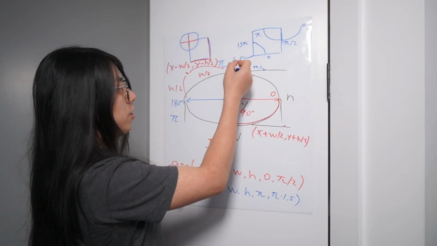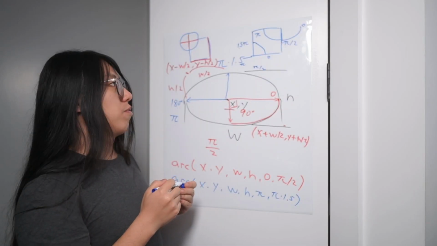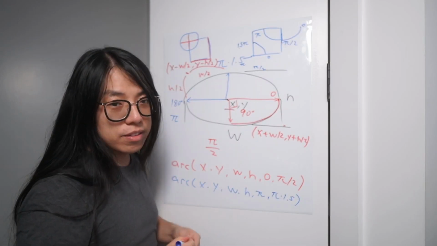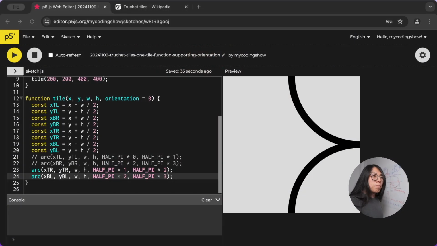So it's starting at pi and ends at 1.5 pi. And that's what's happening there. And back to the code. So we're starting at pi, which is half pi times 2, and we are ending at, oh, am I writing this corner? No, we are starting at, sorry, let's take another look.